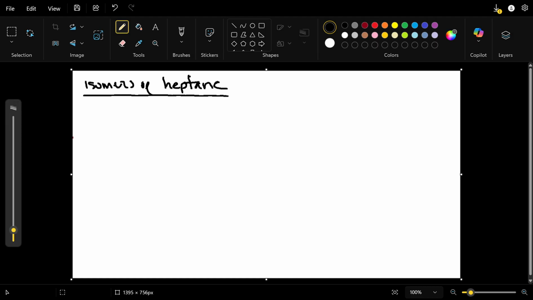So first it wants me to choose the one with the most substitutions, which is the 2,2,3-trimethylbutane.